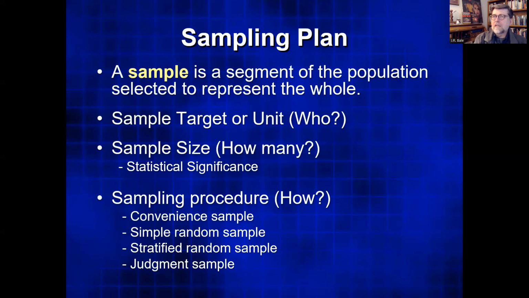So she was looking for a very elite group of people, and she did a judgment sample, looking for very specific people. It's kind of like trying to get expert opinion. So you have to figure out how you're going to pick people. Is it really going to be random, is it going to be convenience, or is it going to be more of a judgment sample, looking for experts?